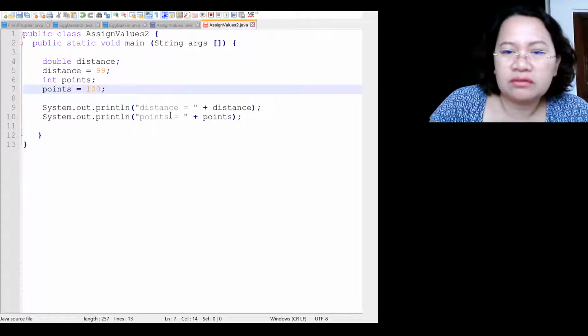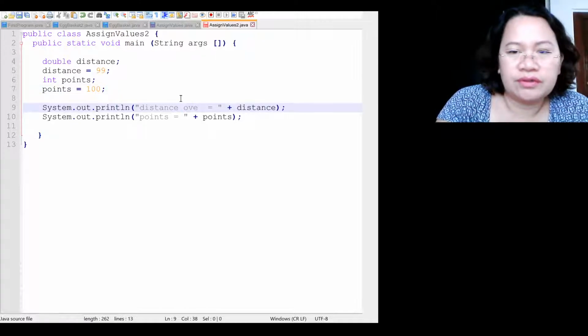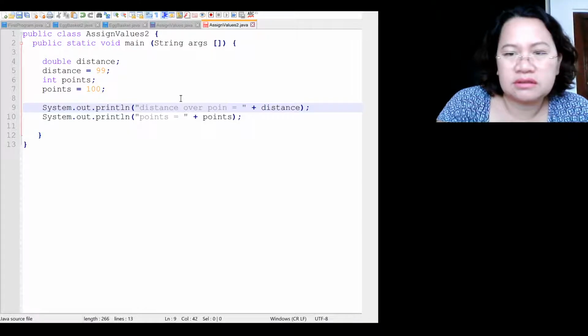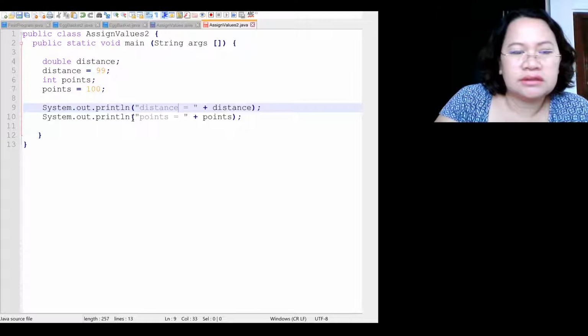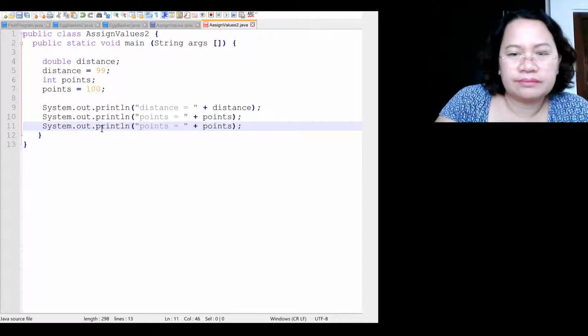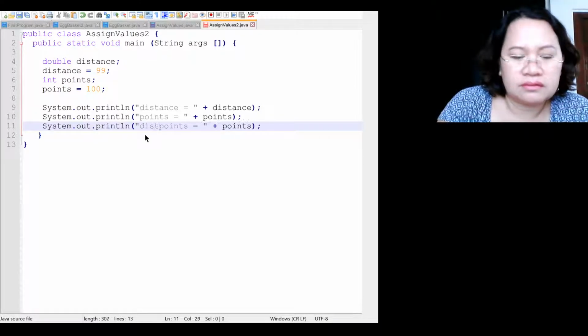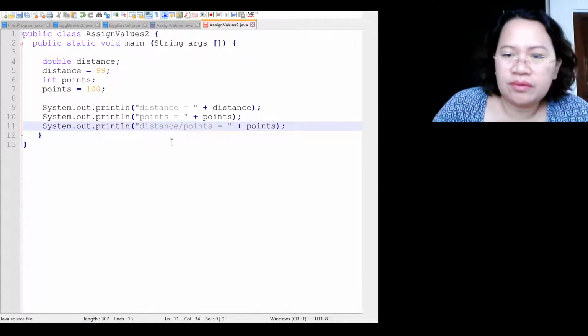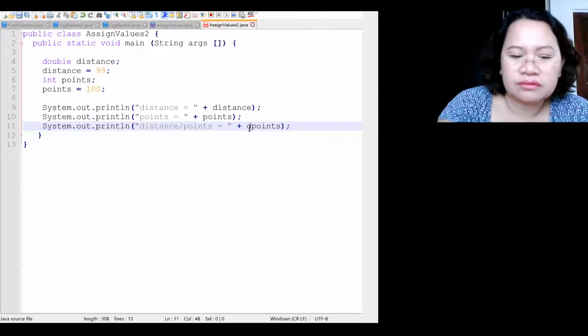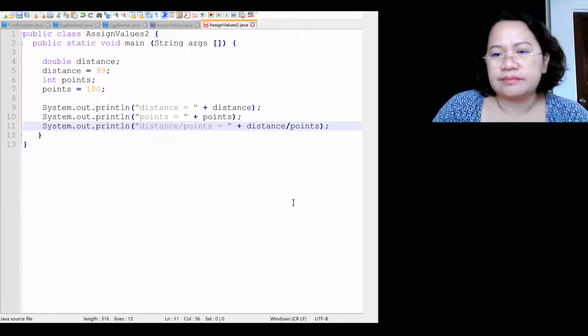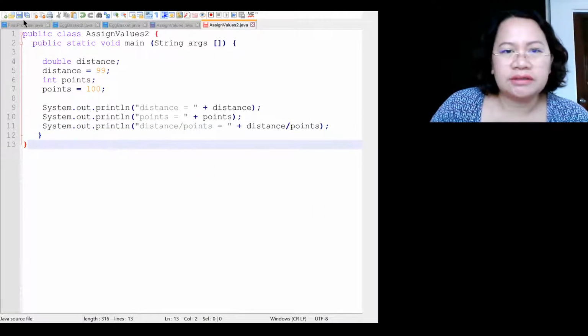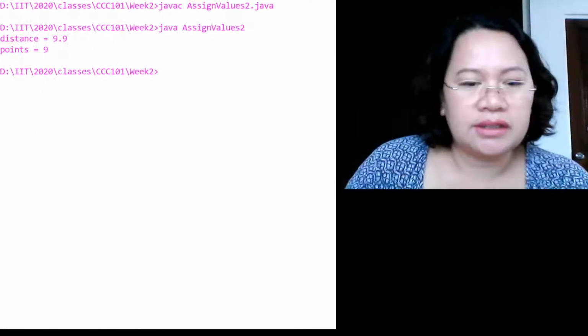So now, if we output distance over points, let me just add another line. Distance divided by points. So you have this one here. Pareha na sa slide, diba? So now let me compile that.